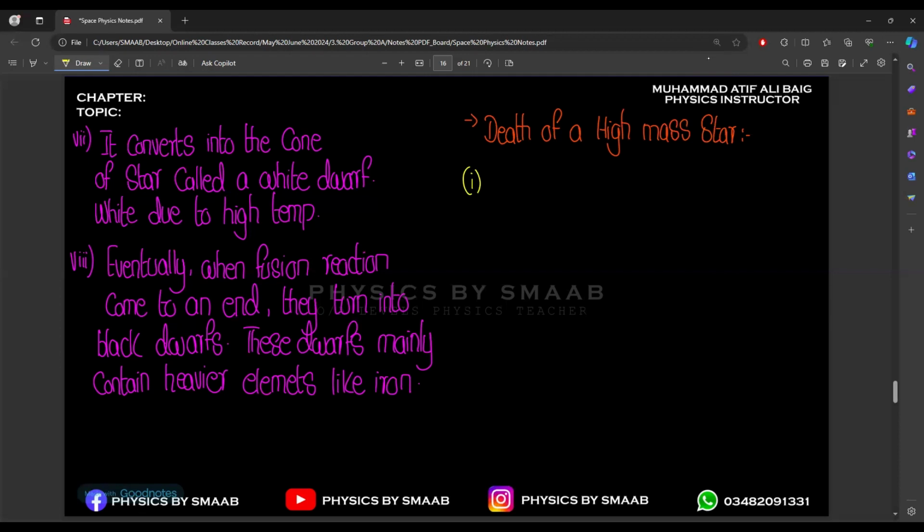Basically it is 8 times greater than the mass of the sun. So that is why it is called a high mass star, because they have masses more than 8 times that of the sun.